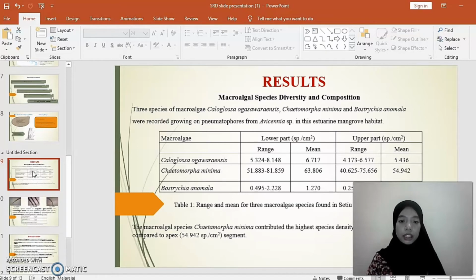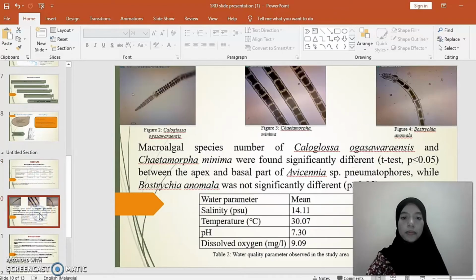The macroalgae species Chaetomorpha minima contributes the highest species density for the basal area compared to the apex segment. Macroalgae species numbers of Caloglossa agassizowarensis and Chaetomorpha minima were found to be significantly different between the apex and basal part of Avicennia pneumatophores, while Bostrychia anomala was not significantly different.